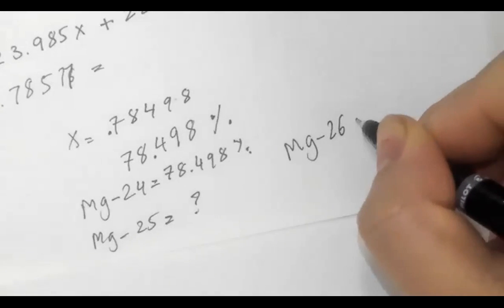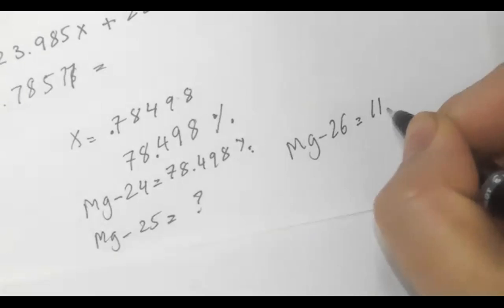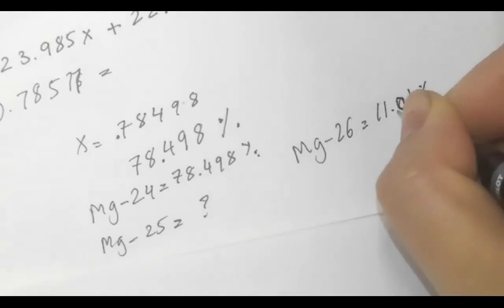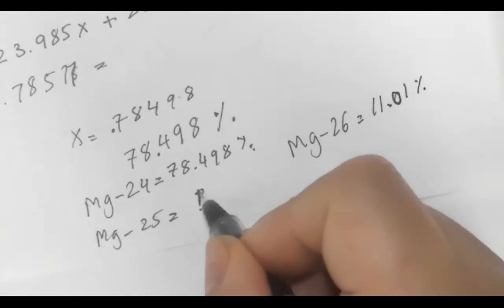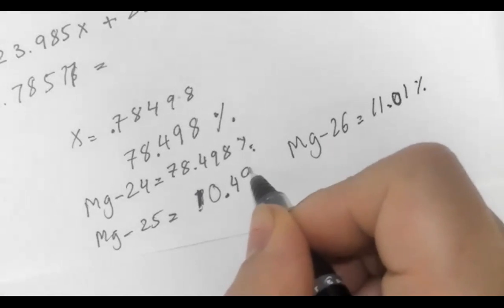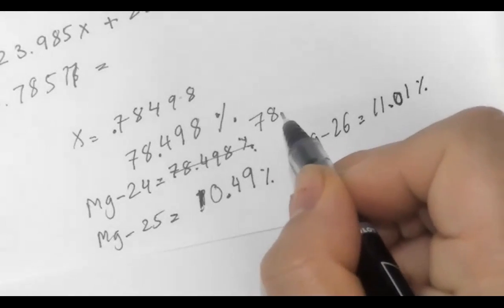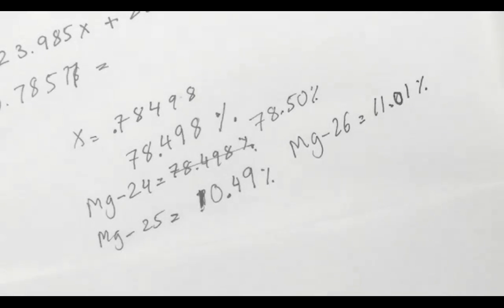There's magnesium 26 also, which I told you at the beginning was 11.01%. So don't forget that. Yep, there you go. Watch out for detail, I will tell you that. The chemistry is only hard because of the detail. Okay, so I would probably round this as 78.50. So there you go. Make sure you are careful, paying attention to the questions.